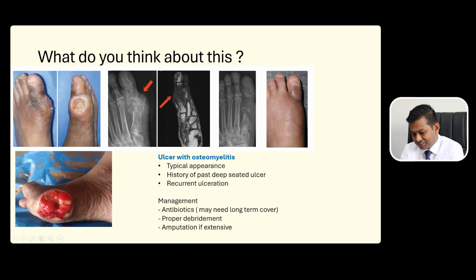There's a little bit of reddish area, but still the toe is like this. So somebody decides to do an x-ray. So this is what is going on. If you can see, there's gross osteomyelitis going on, and it needs proper debridement, antibiotics, and proper follow-up, so that we can control it.